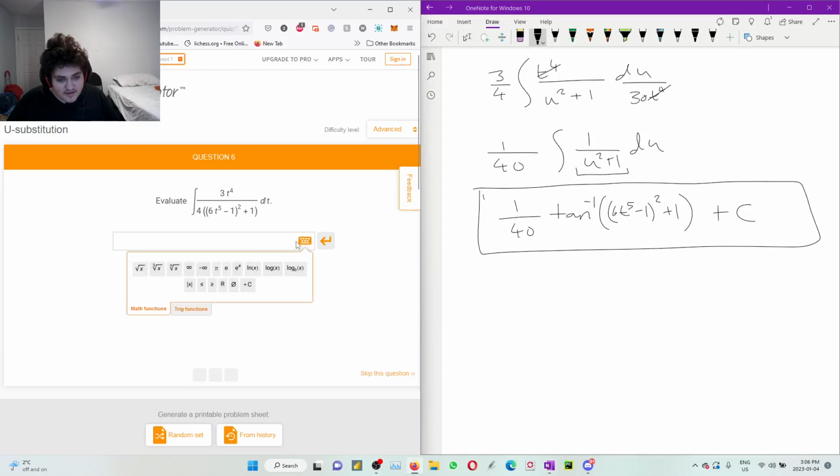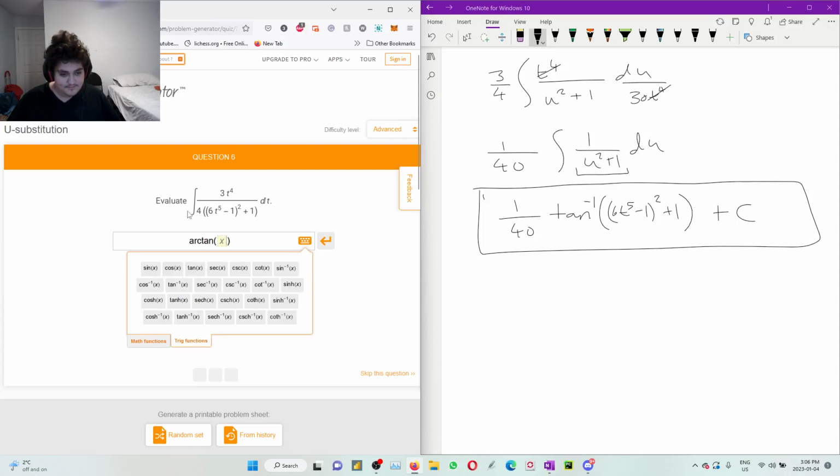So I wonder if there's something here. Trig functions, yeah. I need this one. Exactly. Arctangent of something squared plus 1, 6t to the 5 minus 1. Okay. Over 40 plus c.